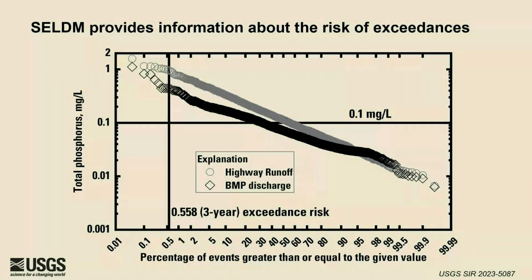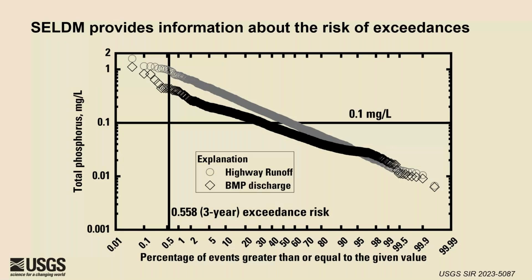So to wrap up an overview of SELDM, the kind of information that SELDM provides is about the risk of exceedances. SELDM is simulating many storm events that represent a 30-year time period, depending on the number of storms that commonly occur in the area being simulated. This example shows the individual storm event results for highway runoff and then highway runoff after being treated by a BMP.